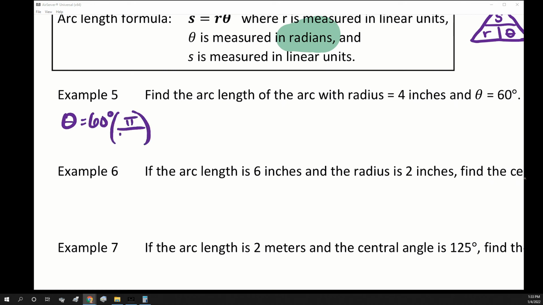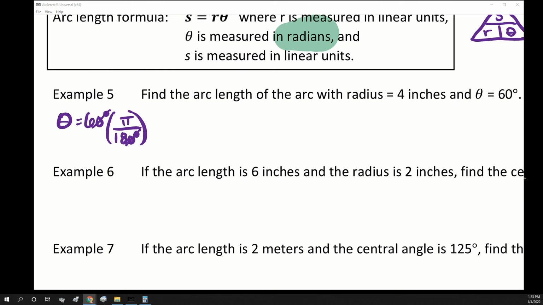To change degrees to radians, you multiply by pi over 180. And then if I want to reduce that down, a 0 and the degree would cancel. So it leaves you with 6 pi over 18, which reduces to pi over 3.